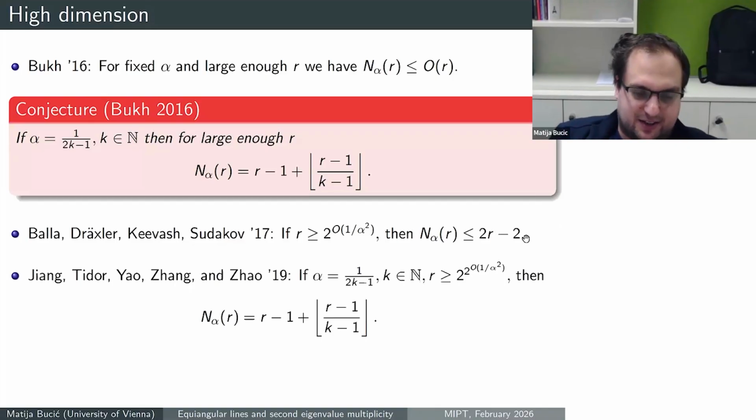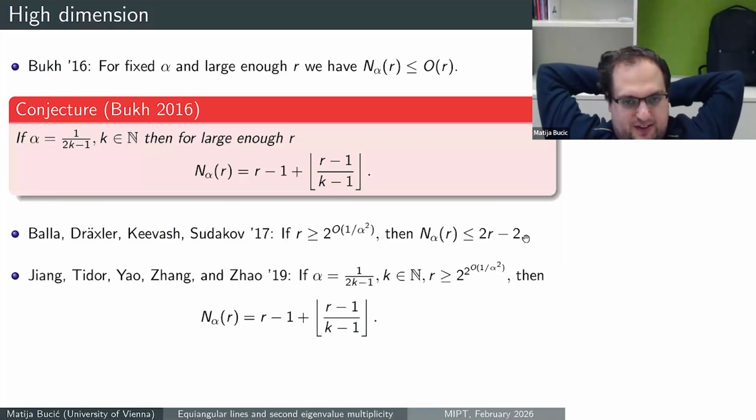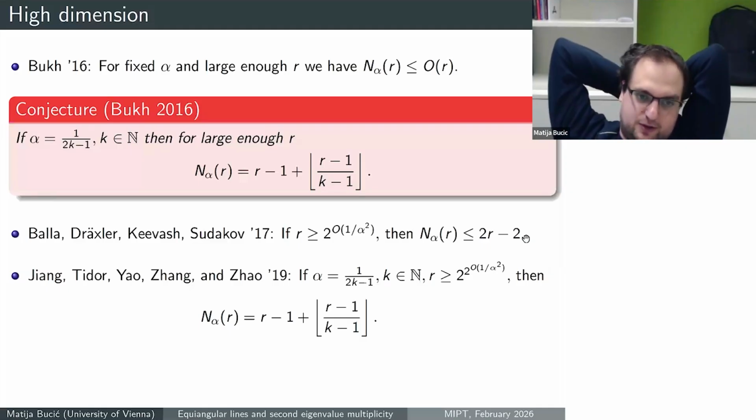So the next really nice paper in the series is due to Jiang, Tidor, Yao, Zhang, and Zhao, who actually proved this conjecture of Boris in full, which is quite remarkable and spectacular, I think, given that it's actually an exact answer to this problem without any sort of asymptotics.